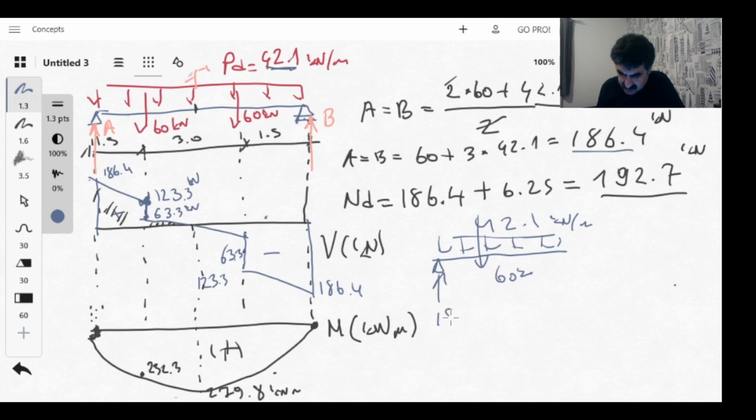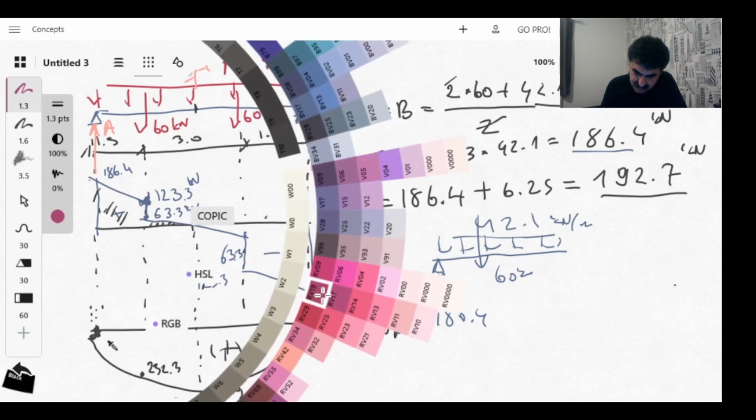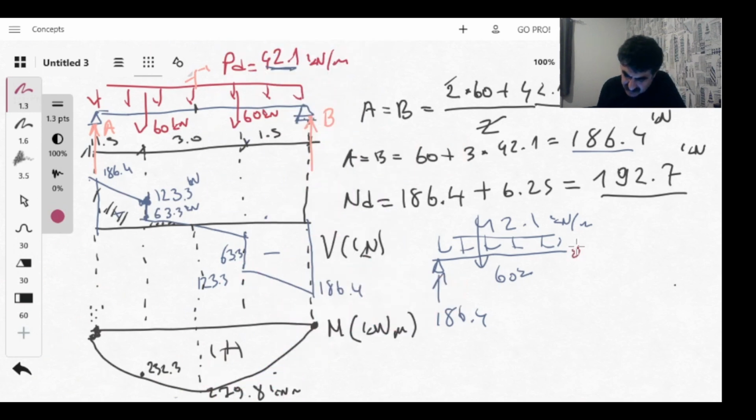As support we have a 186.4 kilonewton support load. We are going to calculate the moment at this point in the middle. If we call this 0, we can take the moment with reference to 0. This moment will give us the maximum moment, and the positive sign can be like this.